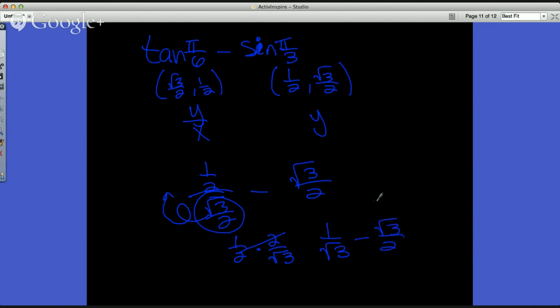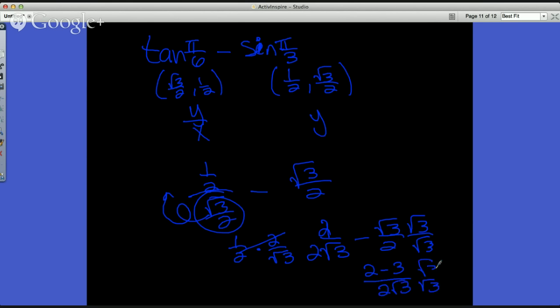Since it doesn't have a common denominator, if I multiply this side by 2 on the top and the bottom, as well as this side by square root of 3 on top and bottom, I'll end up getting 2 minus 3, because square root of 3 times square root of 3 is 3, all over 2 square roots of 3.